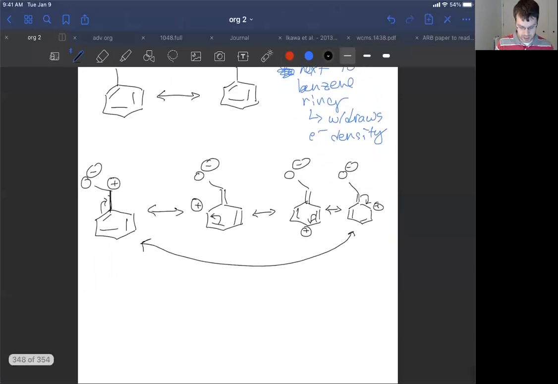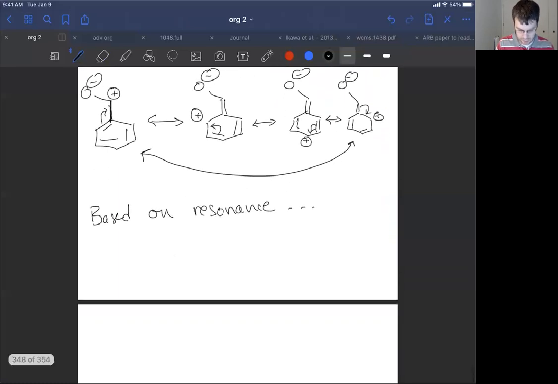So based on resonance, we have to think about this molecule as having positive charge character at the ortho and para positions. Now, maybe this is a delta positive, like a partially positively charged.